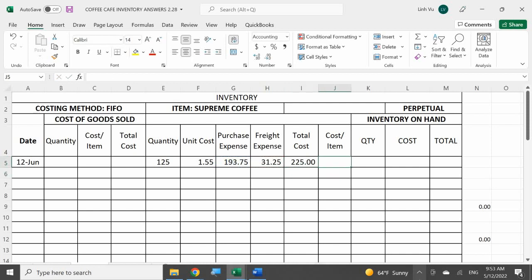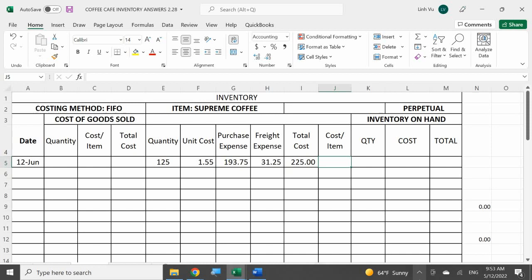Now in this case, I'm using FIFO, meaning first in, first out. That means I have to keep these batches of inventory separate, because that is what first in, first out means. I'm going to sell each coffee by batch, using the rules of FIFO, meaning the first batch that I purchase is the first batch I am going to sell.